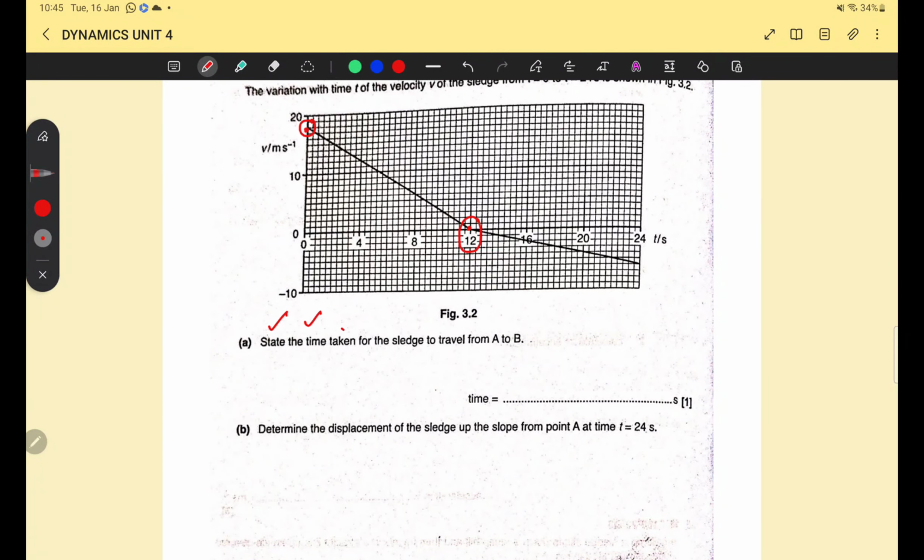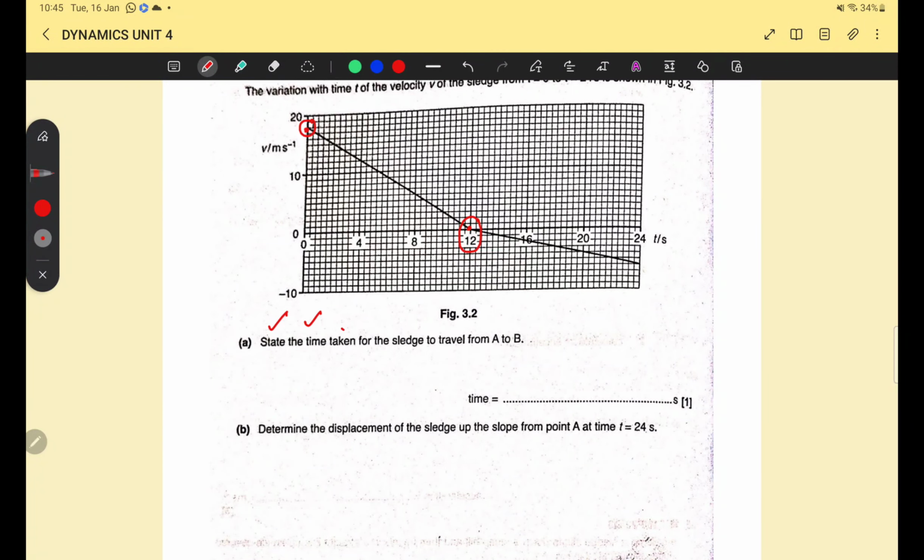At position B, velocity is 0. So final velocity becomes 0 at the 12th second of its motion. So initial velocity is 18, final velocity is 0, and time is 12.